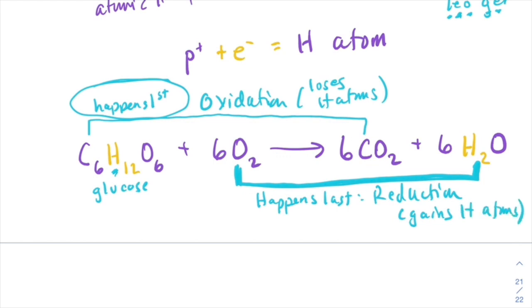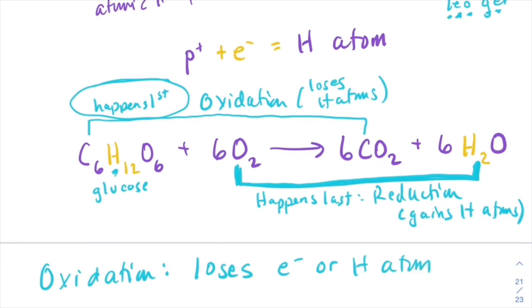So when something is oxidized, it's not just losing electrons, it's losing hydrogen atoms. So again, an oxidation is when something loses electrons or hydrogen atoms. A reduction reaction is when something gains one or more electrons or hydrogen atoms. Right there.